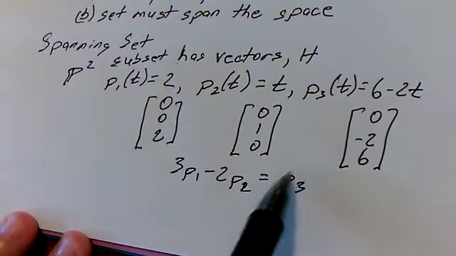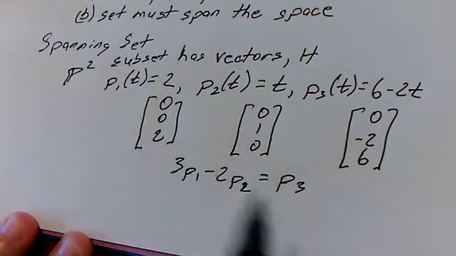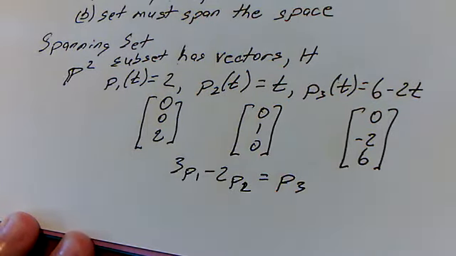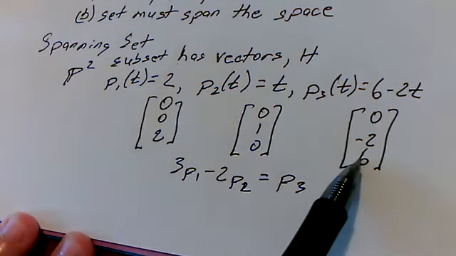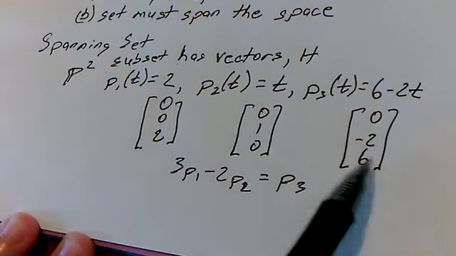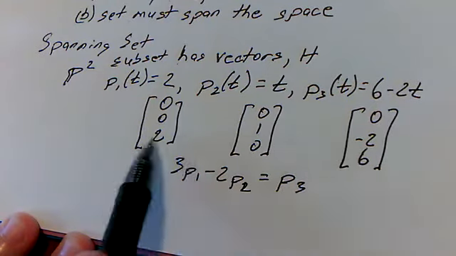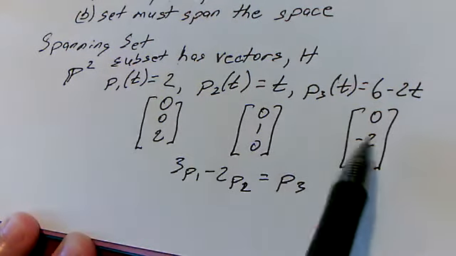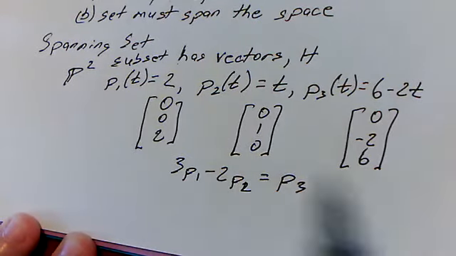So P3 is not independent of P1 and P2. Now, P1 and P2 are independent. For that matter, P1 and P3 are independent, and P2 and P3 are independent, because there's no multiple that's going to get me one of the other vectors. But if I put these two together, I can get the third vector with the right combination.